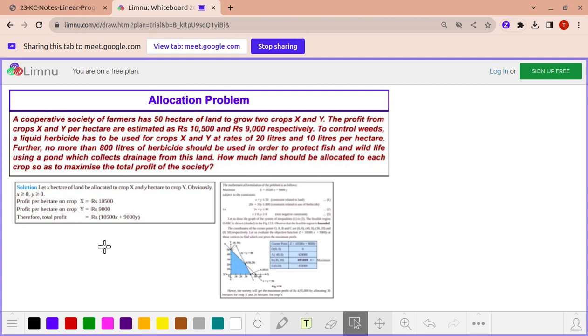A cooperative society of farmers has 50 hectares of land to grow two crops, X and Y. Okay, so there are two crops, X and Y.